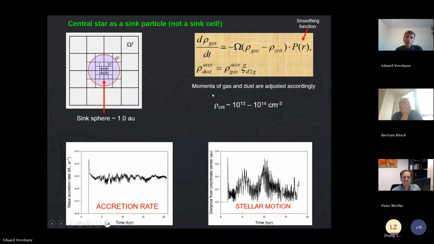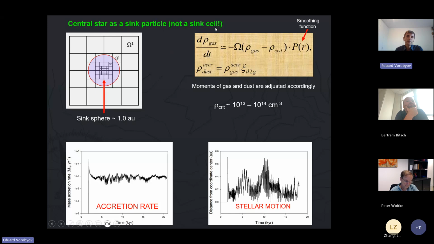How do we deal with the central star? We can either simulate without introducing a sink particle as a central star, if you want to really see what's forming in the center and resolve that protostar. Or if you want to see the disk, how the disk evolves, you have to introduce a sink particle.